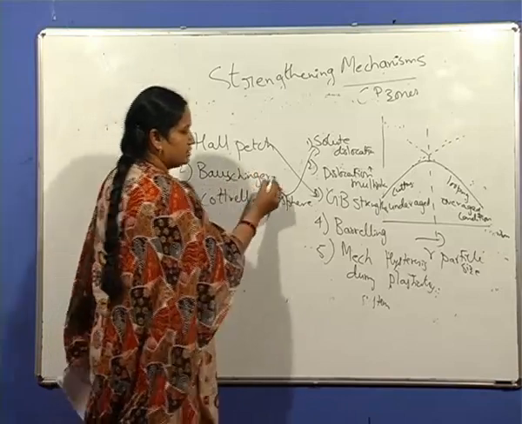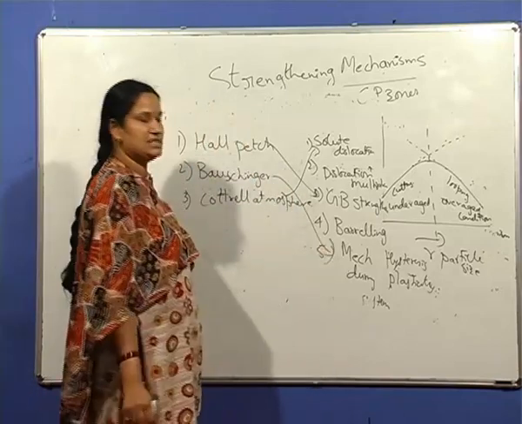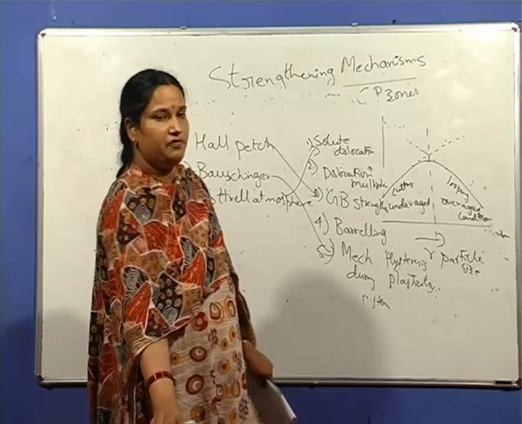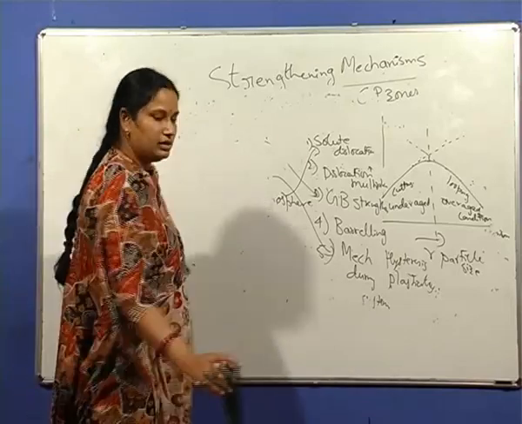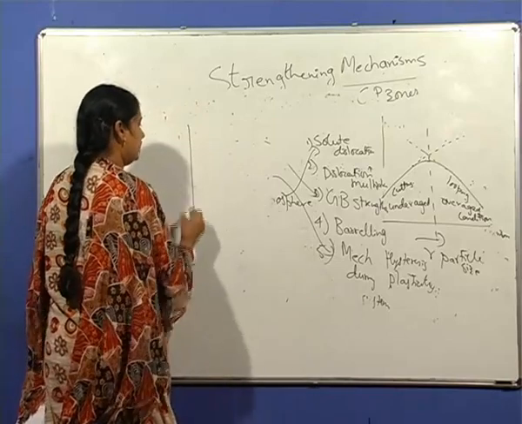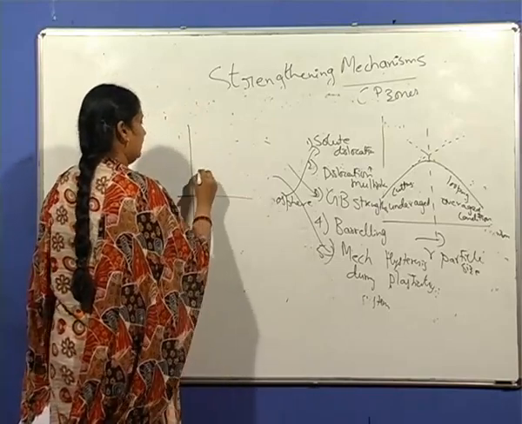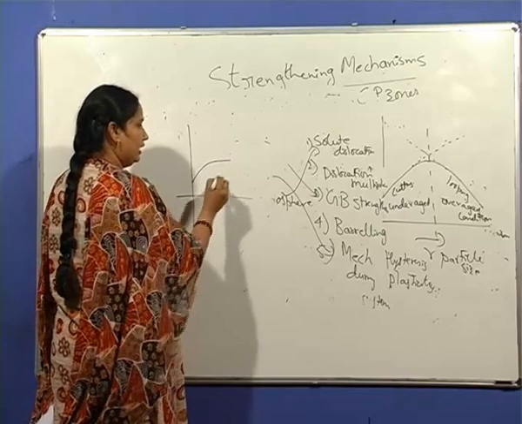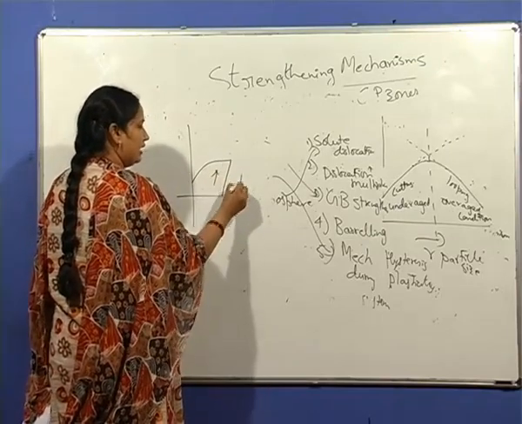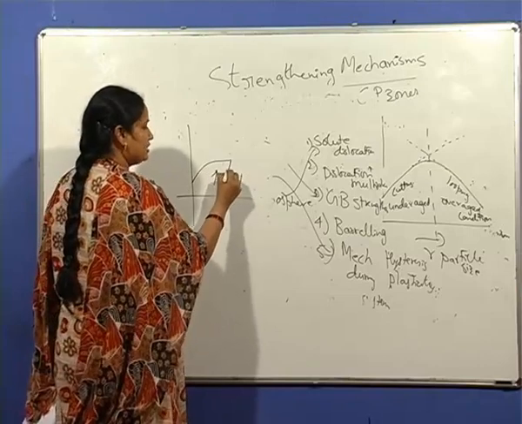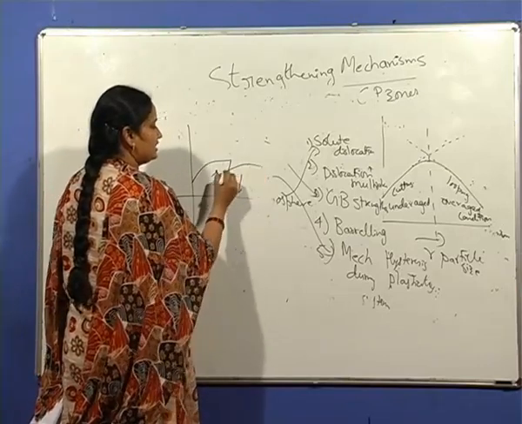Bauschinger effect is mechanical hysteresis during plasticity, because for the Bauschinger effect, I have drawn the figure. When a material is loaded in one direction, say in tension, yielding occurs. Beyond yielding, if you unload that material and reload it in the opposite direction, the yield stress is lowered.